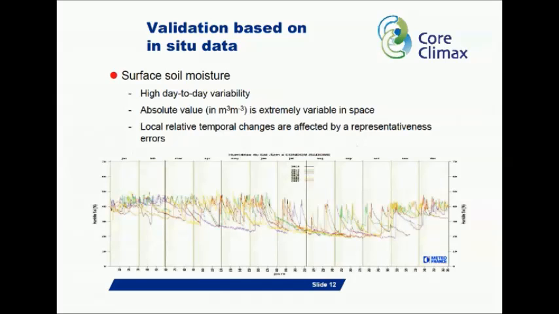What is shown here is an absolute value in cubic meters per cubic meters, and it is extremely variable in space and time. So all this is very local, and these local relative temporal changes are affected by representativeness error. When you compare a satellite product with such observations, you get an estimate of the error of the satellite product, but also of the uncertainties in the in situ observations, and an additional error related to the representativeness.